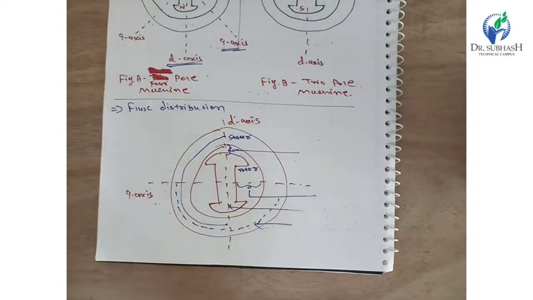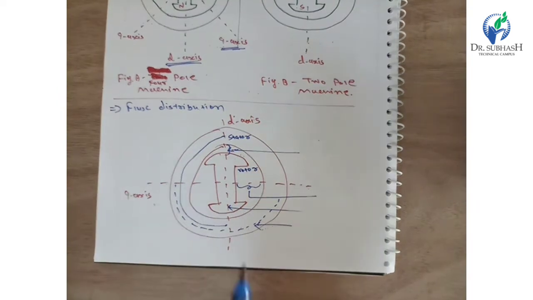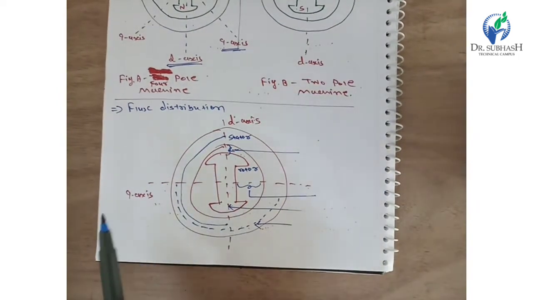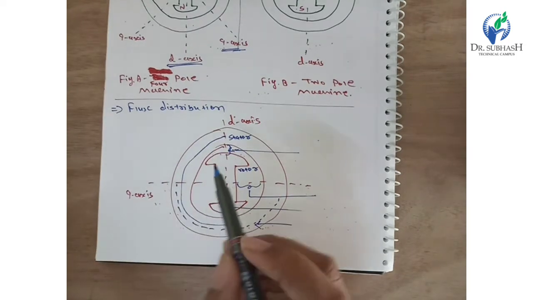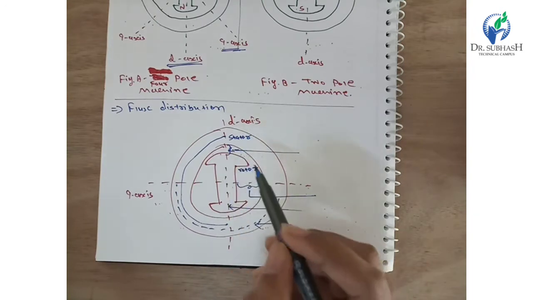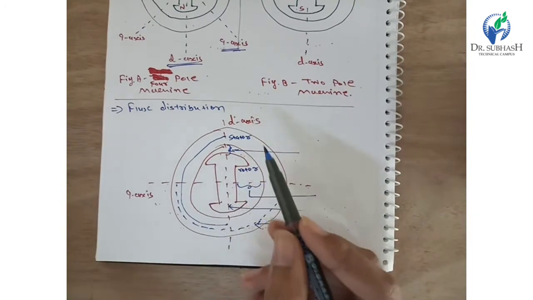Here is a figure of the flux distribution. The axes are the Q axis and D axis, the quadrature axis and the direct axis, with the magnetic flux. For the D axis, the stator and rotor are the rotating parts.